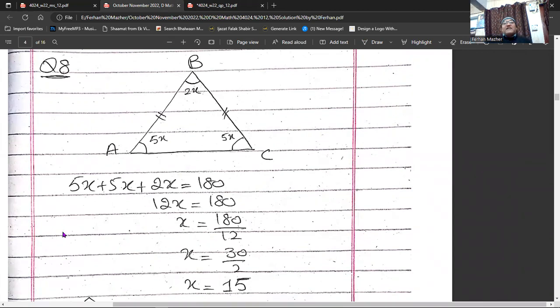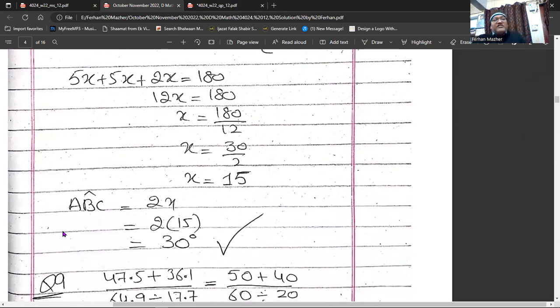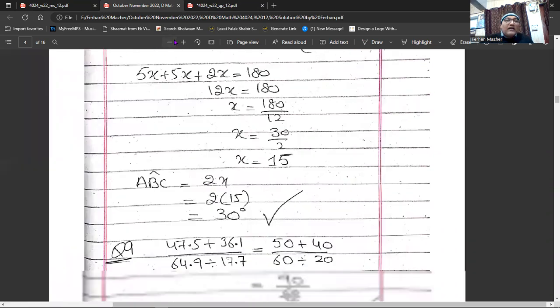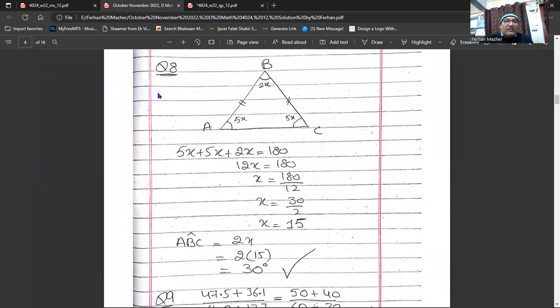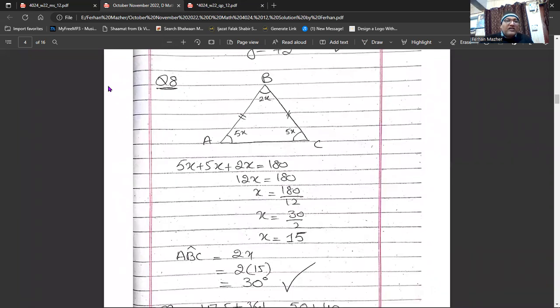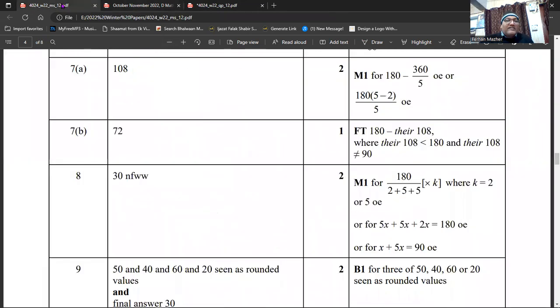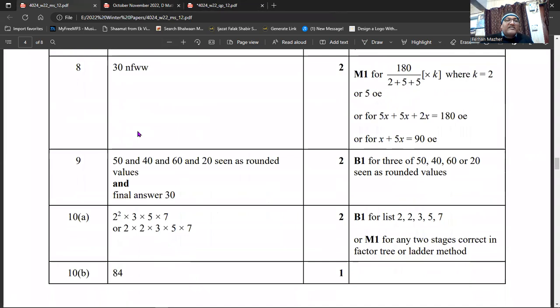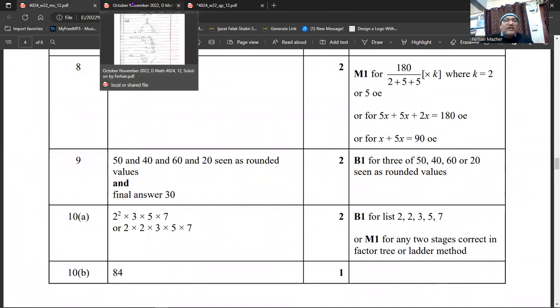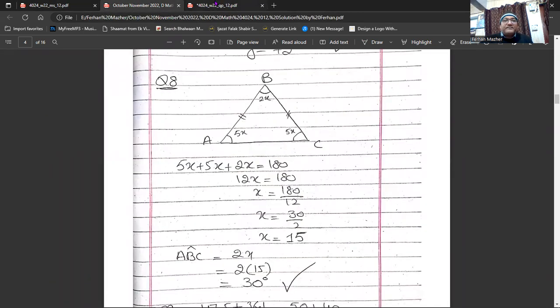Now the ABC angle is 2x. So 15 multiplied by 2, that will be 30. So this is the whole solution. And question number 8, our answer is 30. 30 is the right answer, sir. And this is the solution.